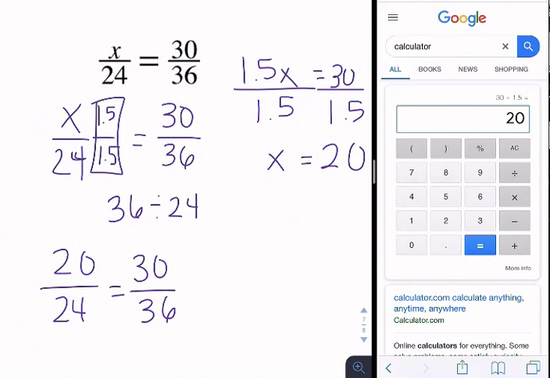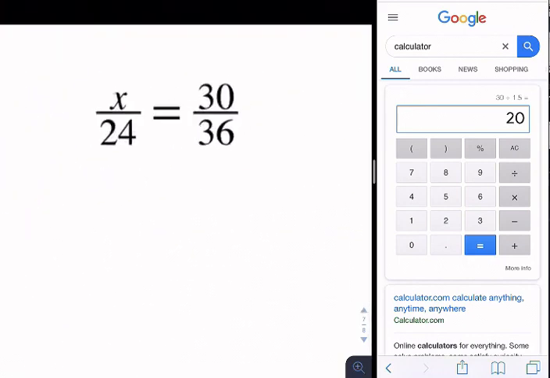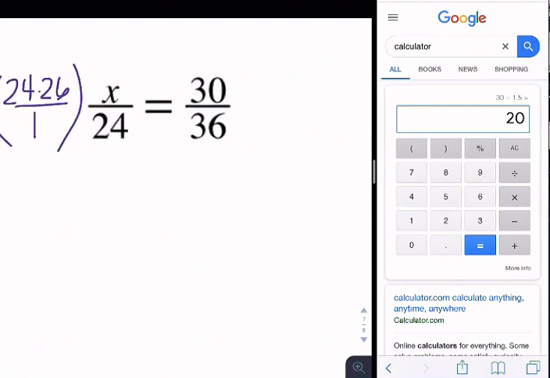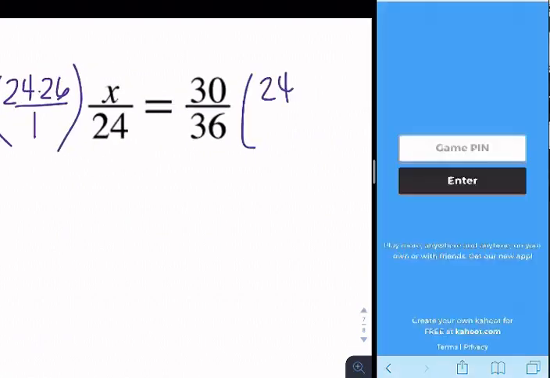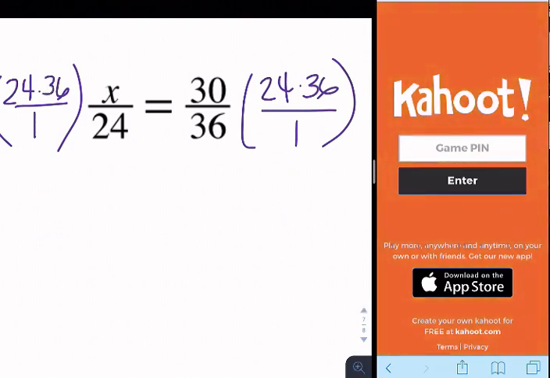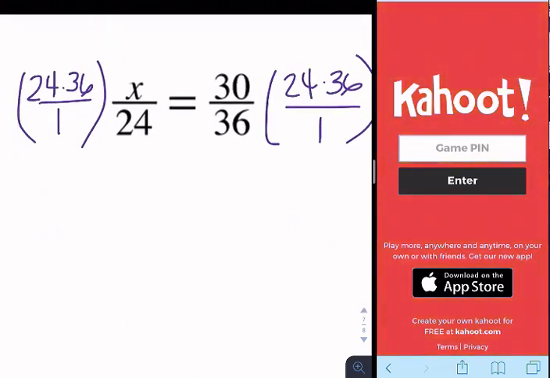There we go. All right, so again, we could do that method with fraction busters. I know that I am going to do 24 times 30 over 1 and 24 times 36 over 1. Sorry about that, this should have been 36. All right, now I'm getting rid of my 24s.